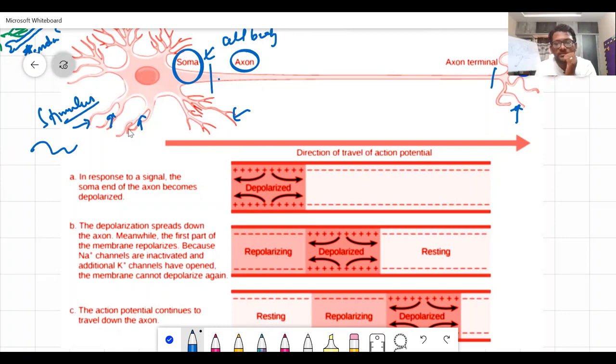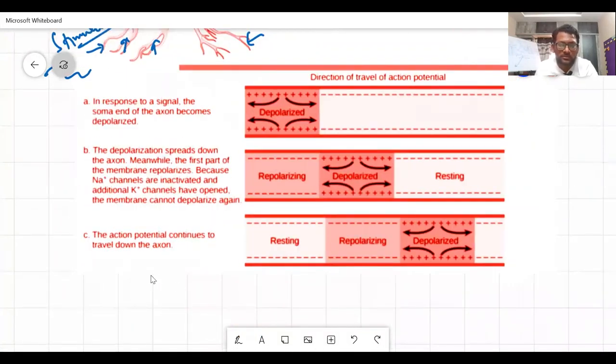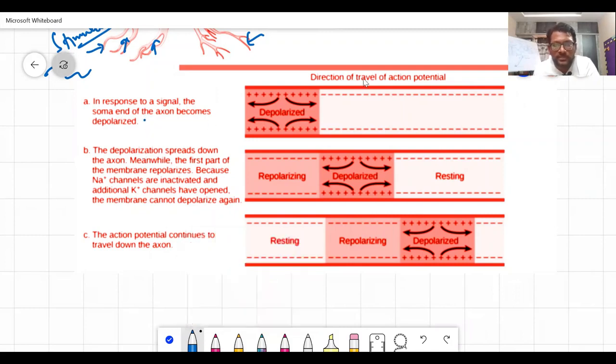When it receives the stimulus, it excites the neuron and depolarizes the membrane. The membrane typically has positive and negative charges, and step by step, how the nerve impulse is conducted along the axon is given here. So this is the direction of travel of the action potential.